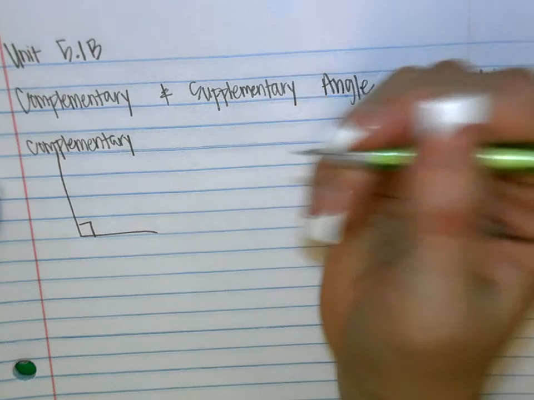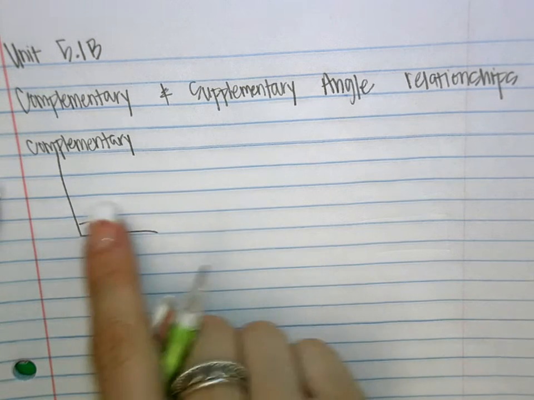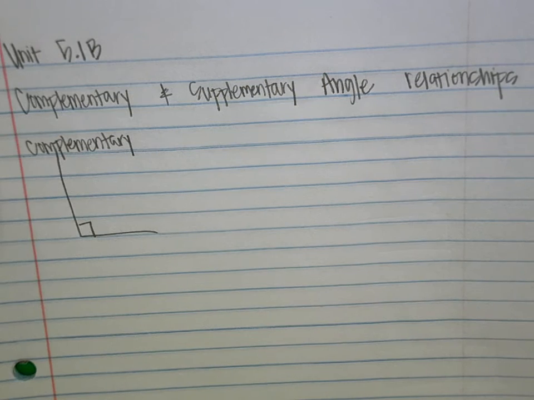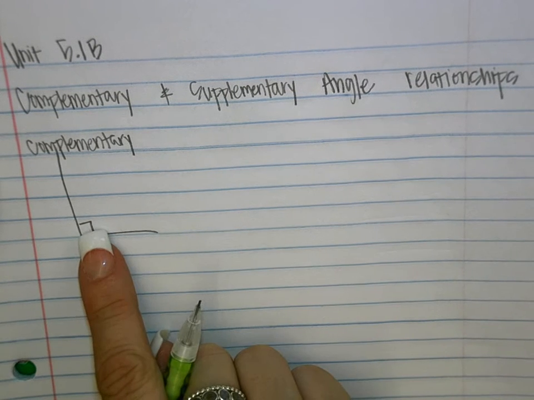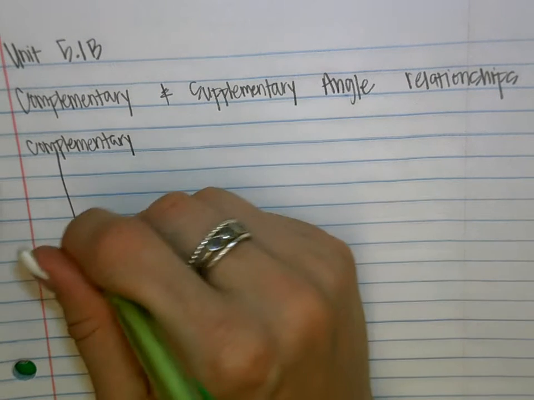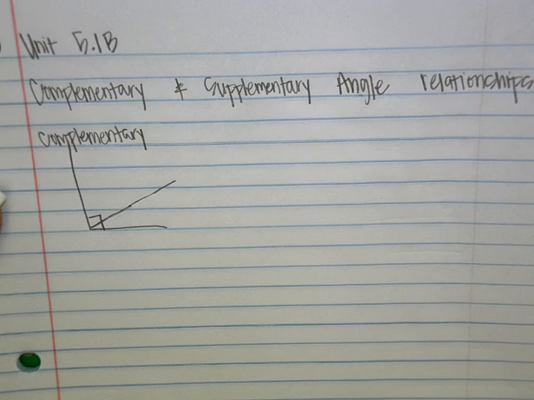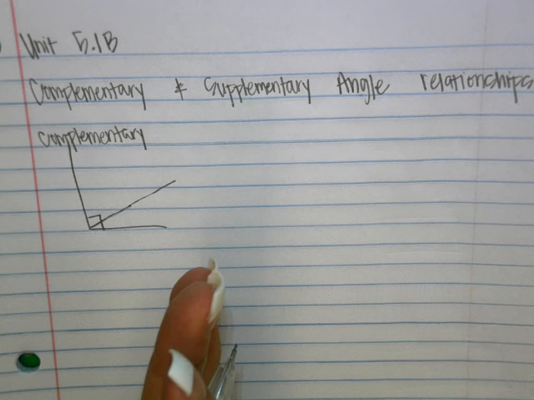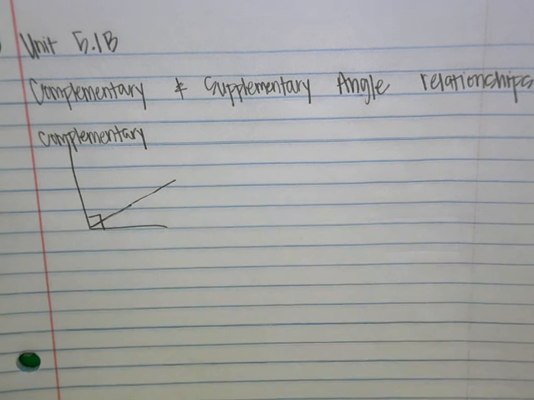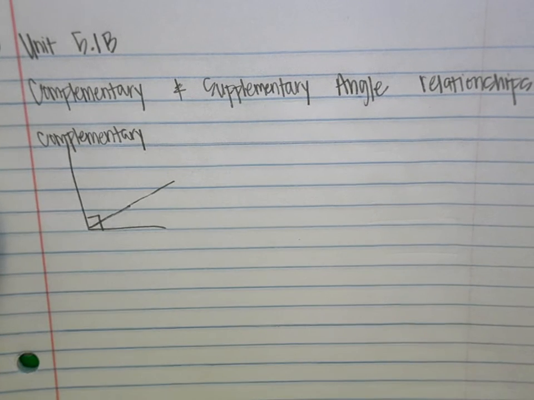Complementary angles. Now, what is this angle equal to right now? It's a right angle, so it's 90. So if I cut it in half, what would the 2 halves together equal? Still 90, right? It doesn't matter if I cut it in half. If I cut it in 3 pieces, 4 pieces, doesn't matter.